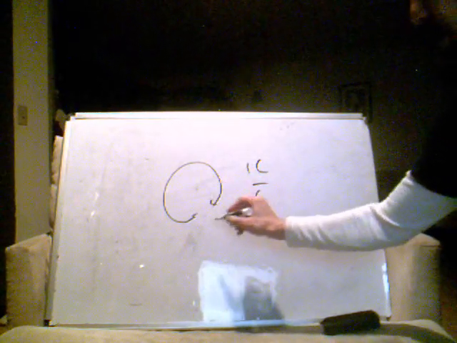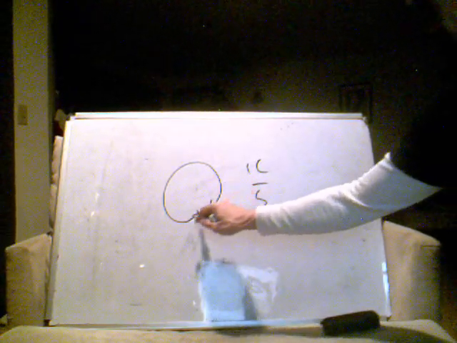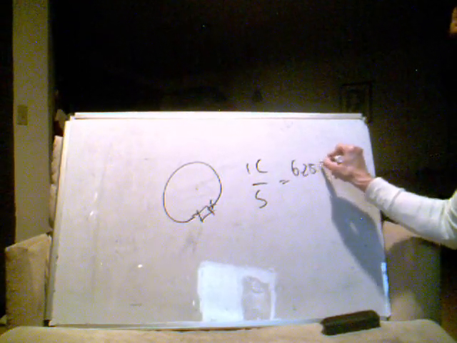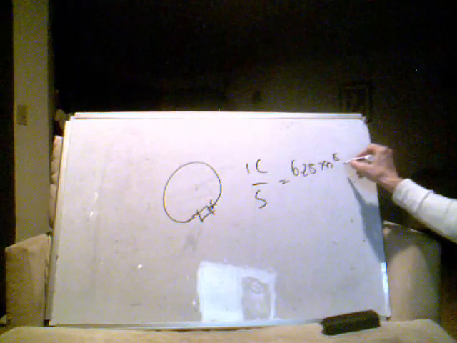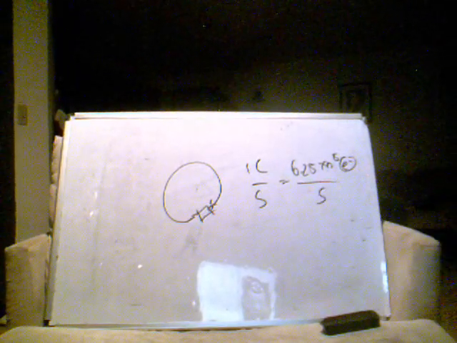Let's say you got a loop of wire, you got a battery here, right? Then the current is going to move around this loop of wire, right? Now 1 coulomb of charge, that's 6.25 times 10 to the 18 electron charges per second.